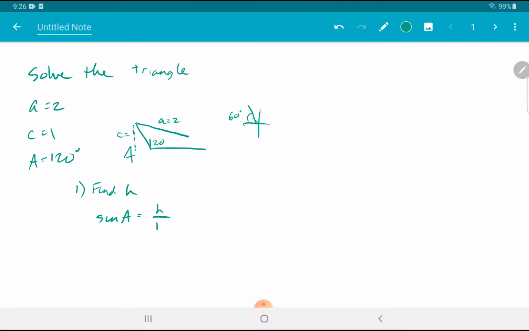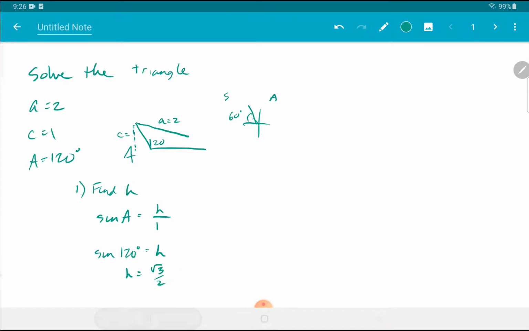So you're really just finding sine of 60 degrees, and it's going to give you the same measurement, a positive number, and so sine of 60 is going to give us root 3 over 2. So sine of 120 equals h over 1, or just h. And so therefore h is equal to root 3 over 2.